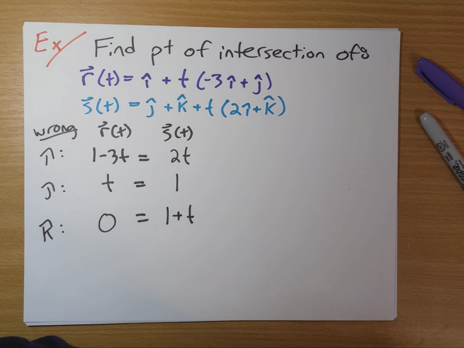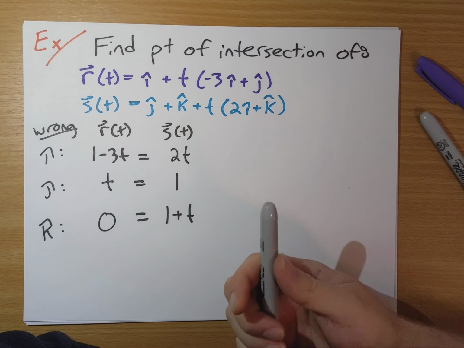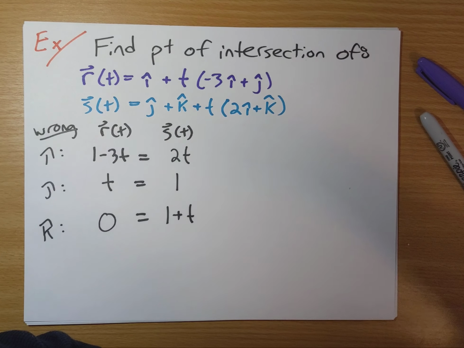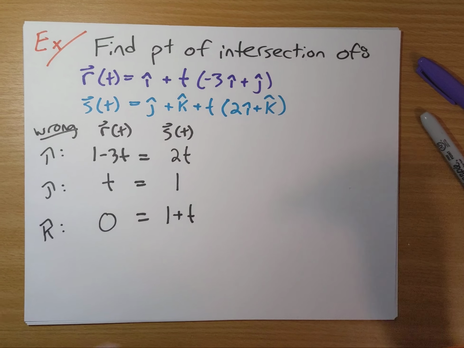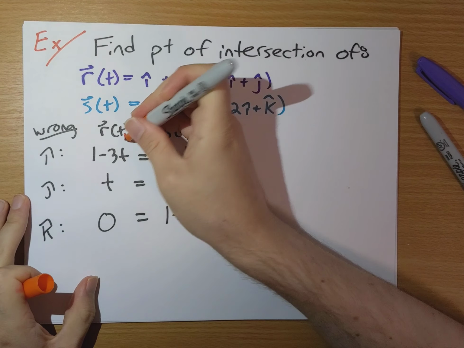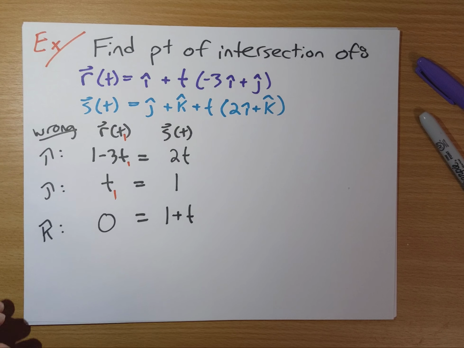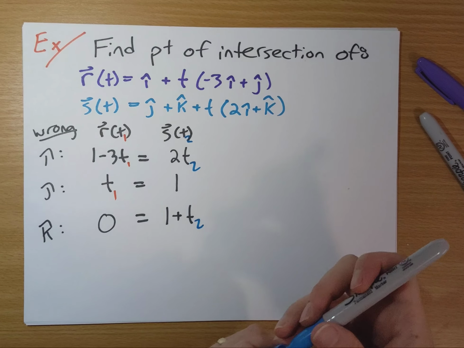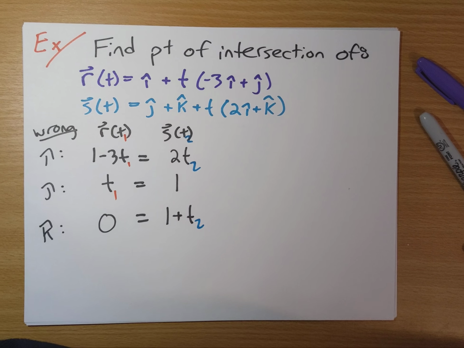So there's a couple ways we could patch this up. One is that we could change one of the t's to be some other letter, like a w or a v, some other letter here. Another way to do it, which is the way I'm going to do it, is I'm going to put subscripts here. So r of t1 and s of t2. So t1 and t2, these are different variables here.